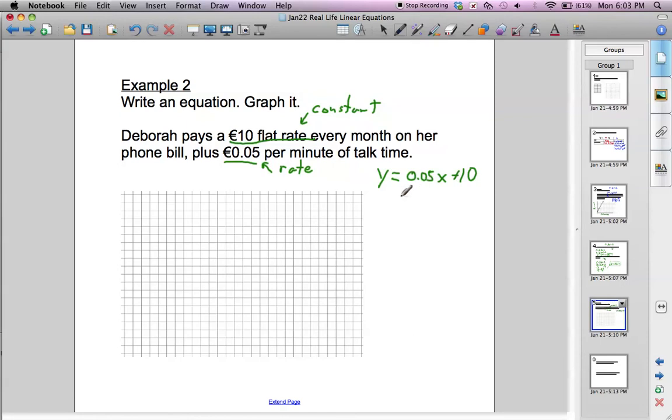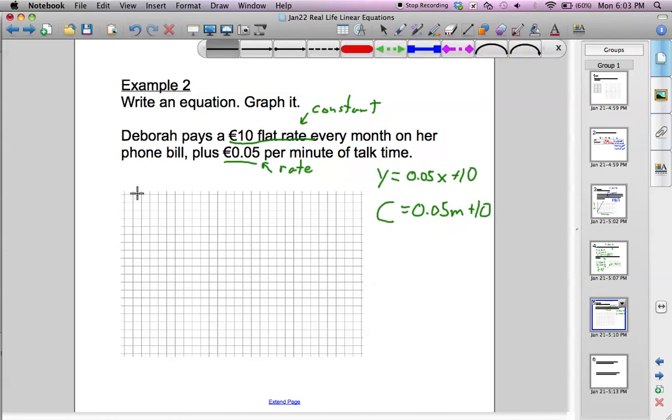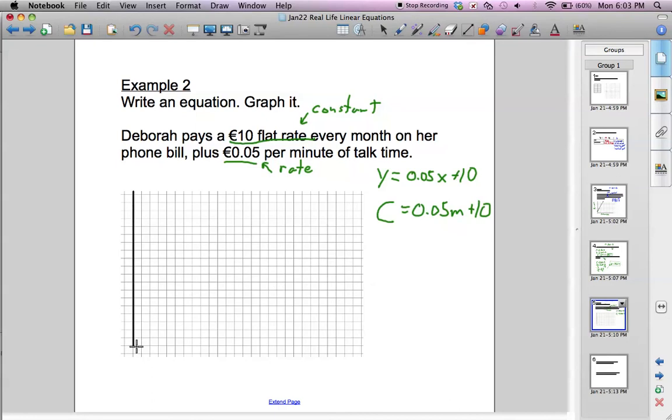So that's your equation. That way we can write it in this real-life context. We can write maybe cost equals 0.05 times the number of minutes plus 10. Again, we don't need the negative axes, so we're going to set up our graph like this, just the first quadrant where everything's positive.